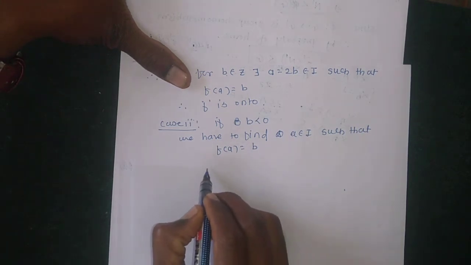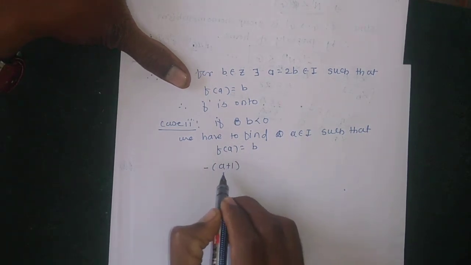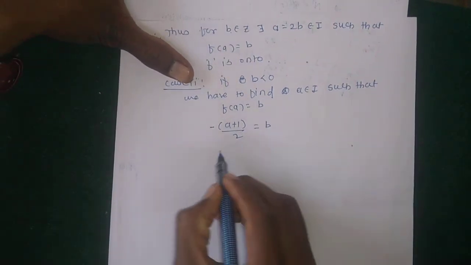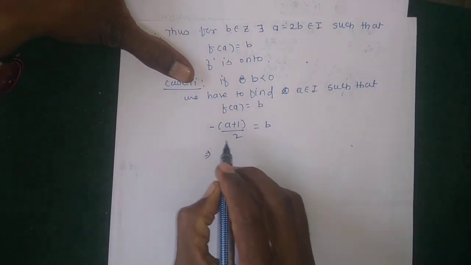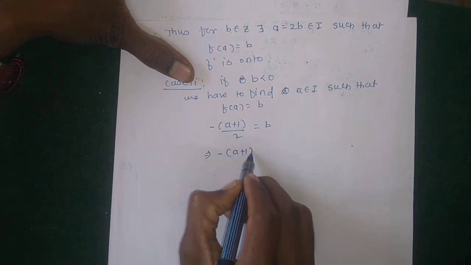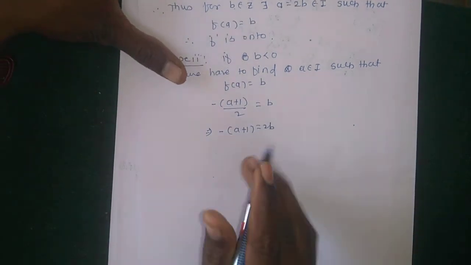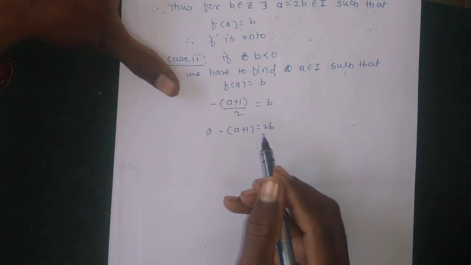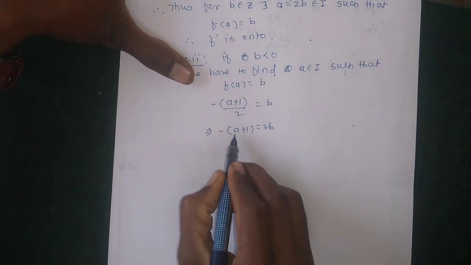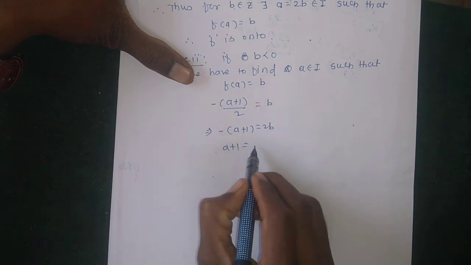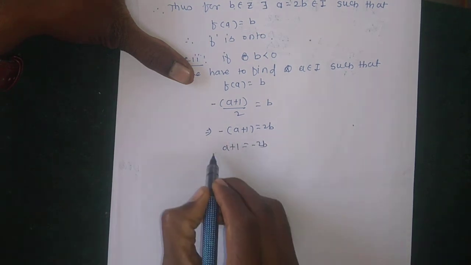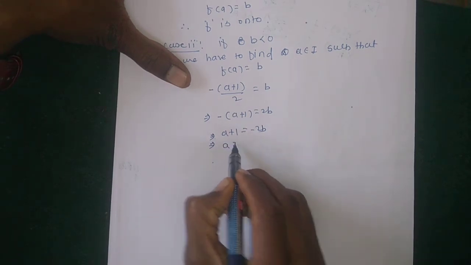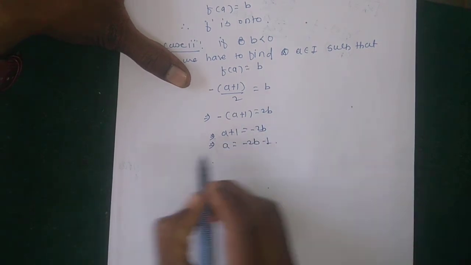Suppose that minus a plus 1 divided by 2 is equal to b, which implies that minus a plus 1 is equal to 2b. So a plus 1 is equal to minus 2b. Rearranging this equation, a is equal to minus 2b minus 1.